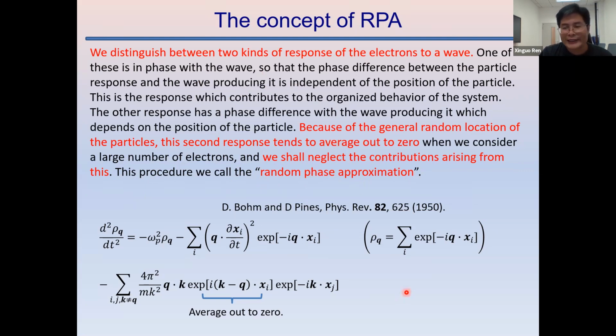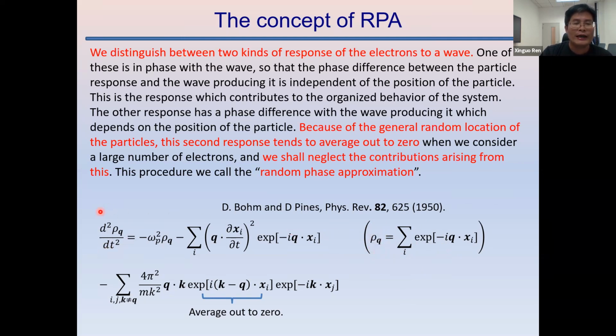Mathematically, it can be understood in the following way. One can define a density fluctuation operator. This rho Q is a Fourier transform of the density. Of course, when the density changes over time, the Q component of the density also changes over time.